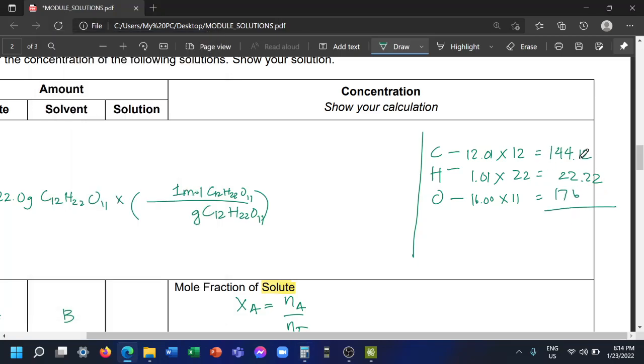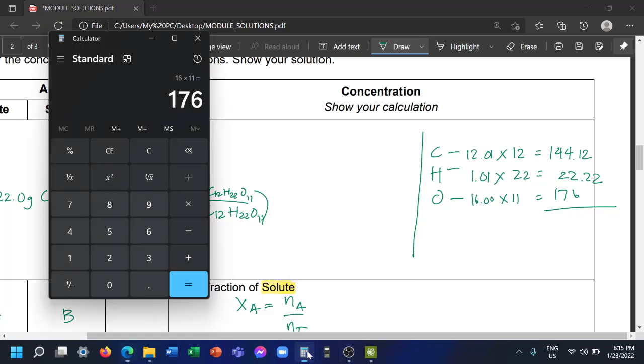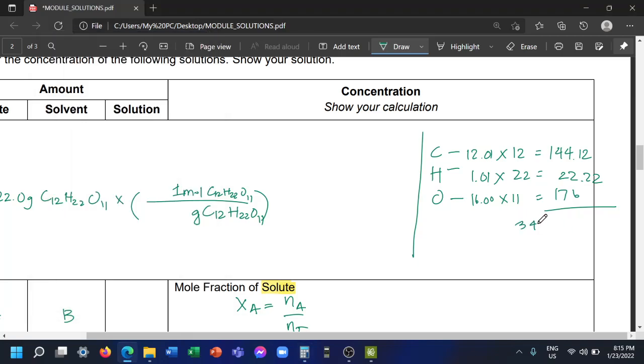Then we add all the masses: 144.12 plus 22.22 plus 176. The overall mass is 342.34.